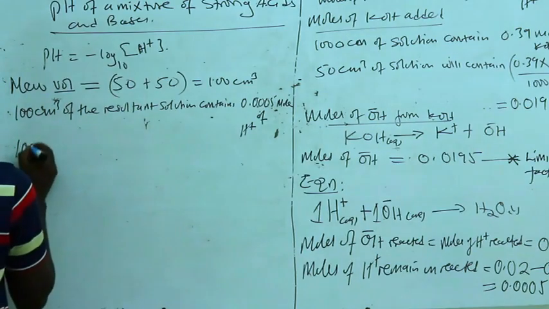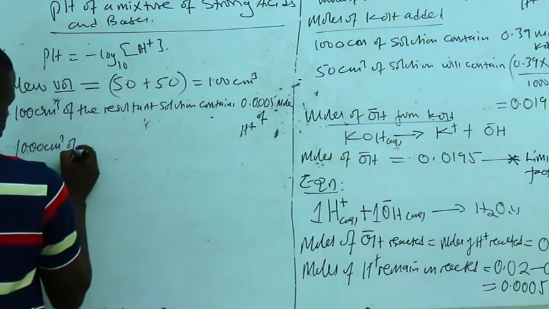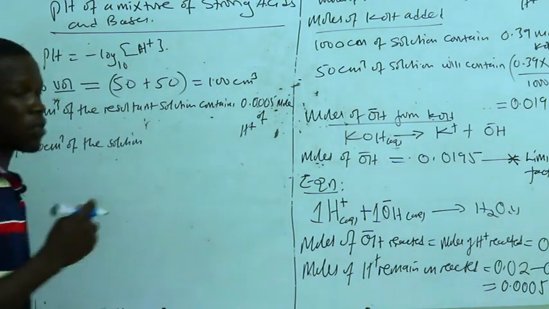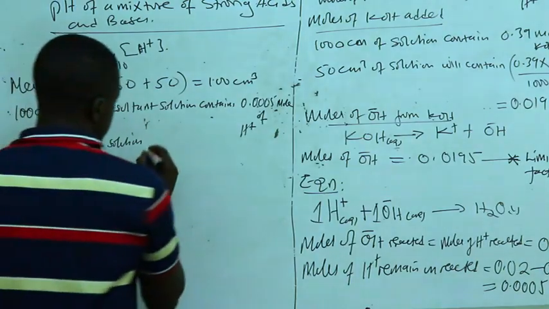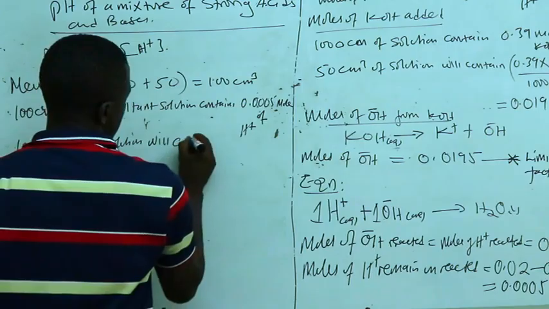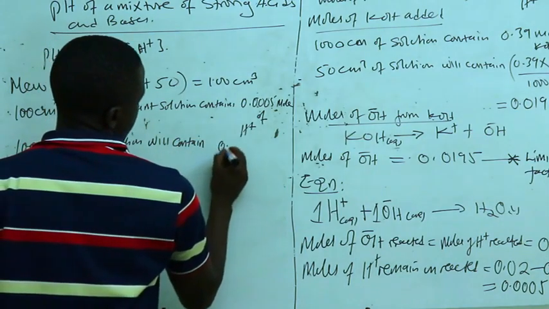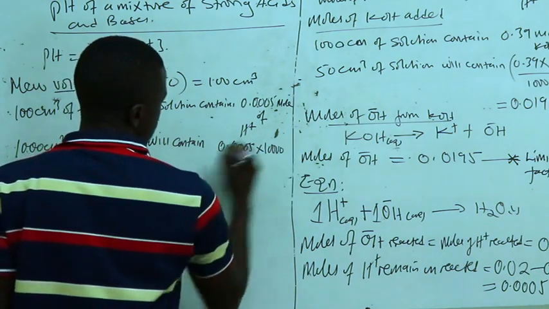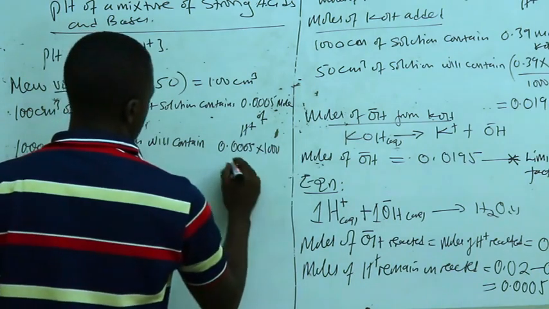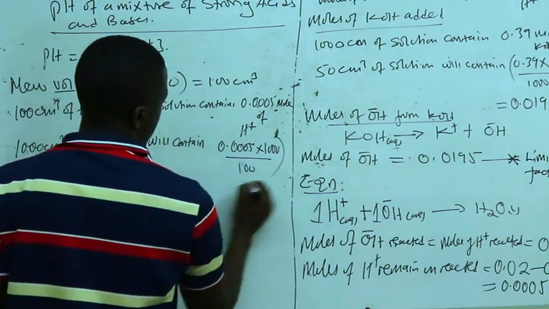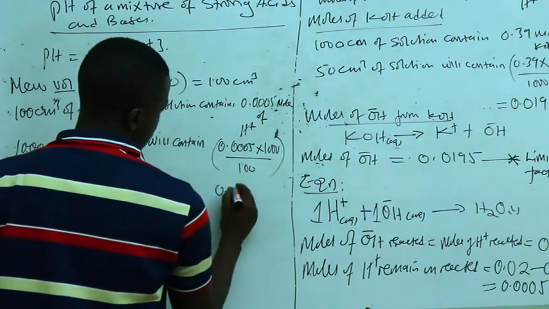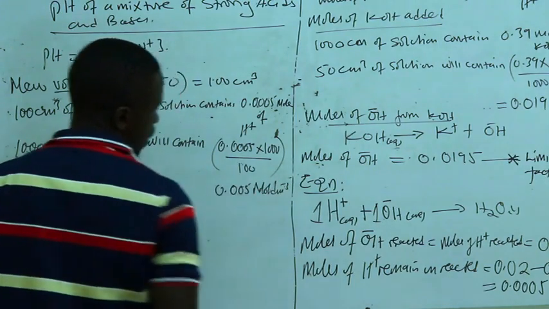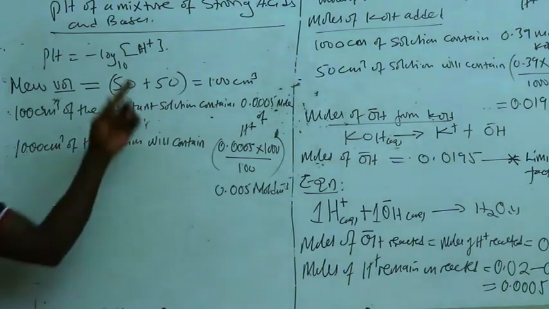What about 1,000? 1,000 cubic centimeters of the solution will contain 0.0005 multiplied by 1,000, and then divided by 100. The value would be 0.005. Now this is mole per decimeter cubed, and is fit to substitute in the expression of pH.